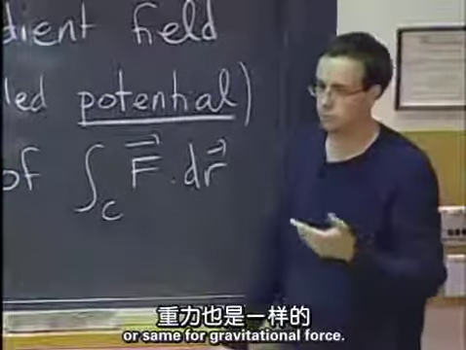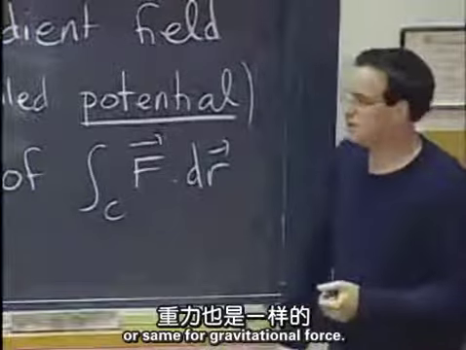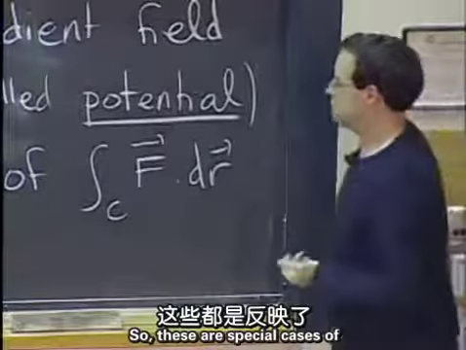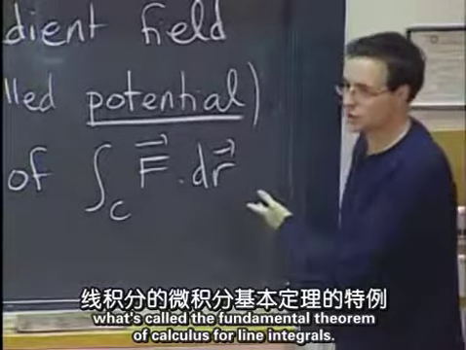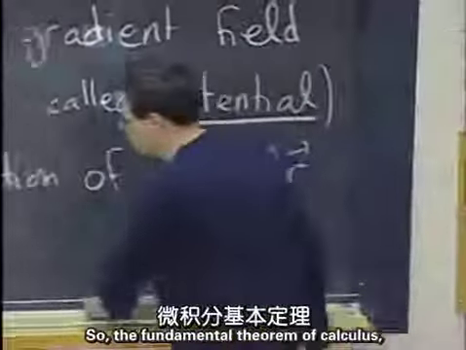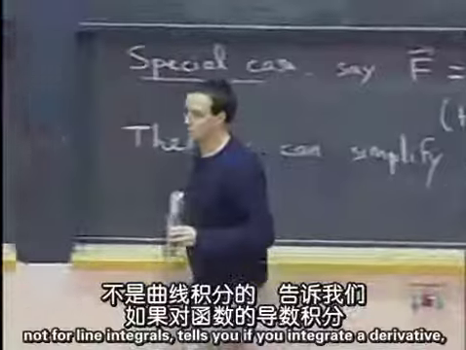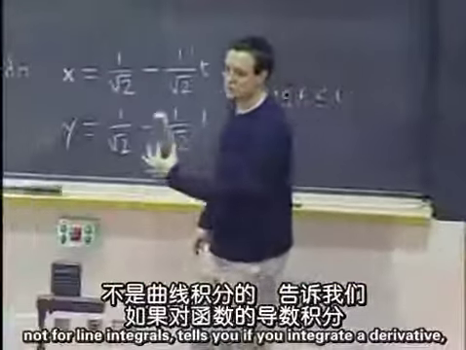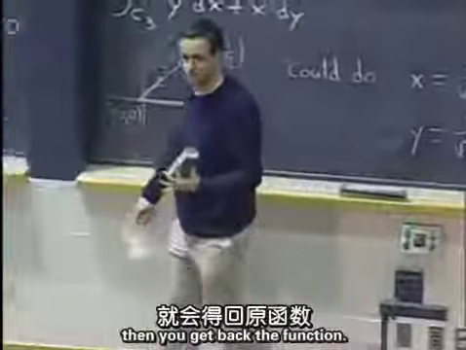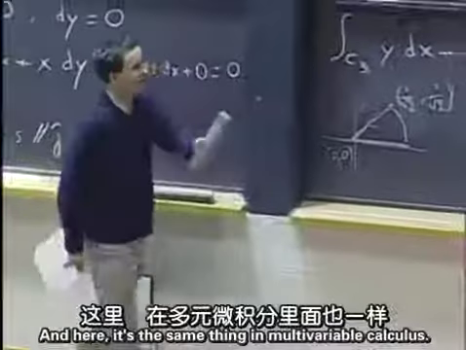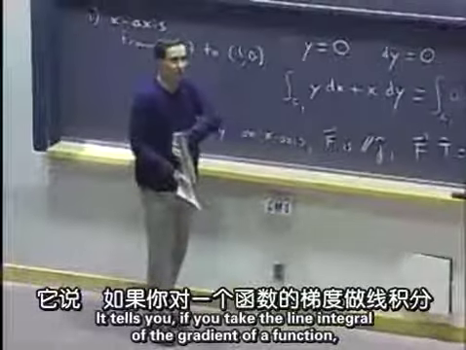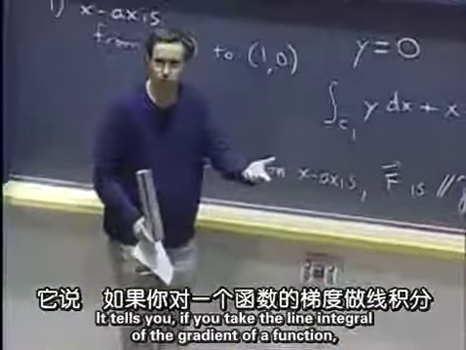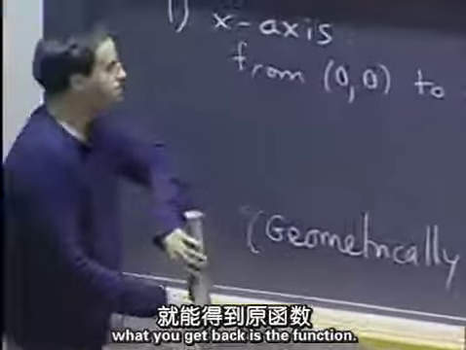Or the same for gravitational force. These are special cases of what's called the fundamental theorem of calculus for line integrals. The fundamental theorem of calculus, not for line integrals, tells you that if you integrate a derivative, then you get back the function. Here it's the same thing in multivariable calculus. It tells you that if you take the line integral of the gradient of a function, what you get back is the function.